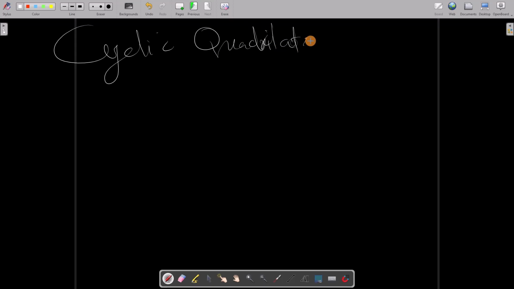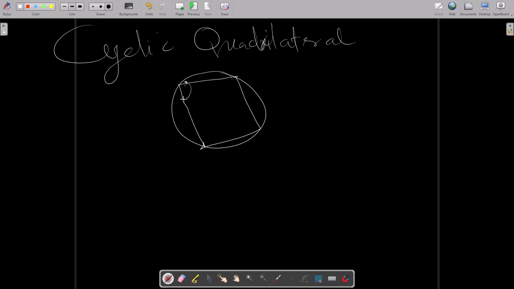Okay, alright, so the next one, we have the cyclic quadrilateral. In a circle, you have a quadrilateral surrounded by a circle. Opposite angles are supplementary. Let me see, x, y, z, w.